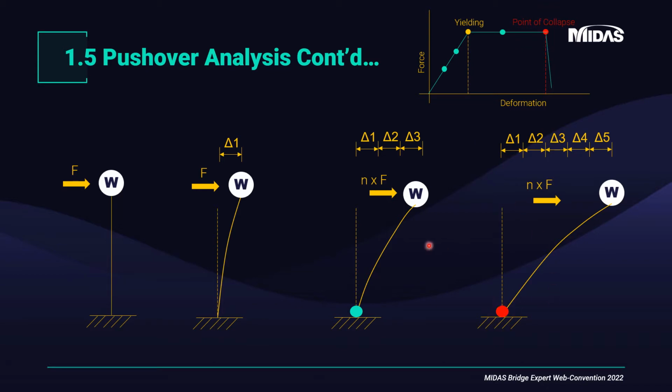So pushover analysis allows us to investigate this entire post-elastic behavior of an earthquake resisting element, and we can obtain this sequential formation of the plastic hinges, and finally we can perform both the global ductility checks and the local ductility checks from the results of the pushover analysis.